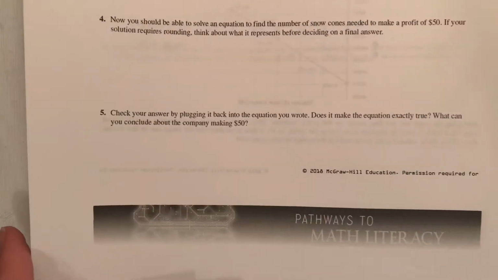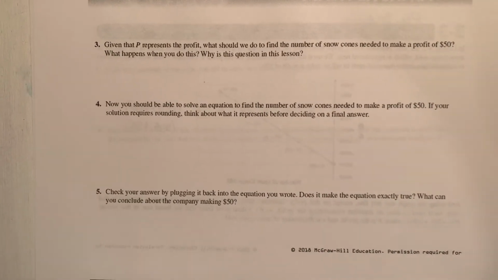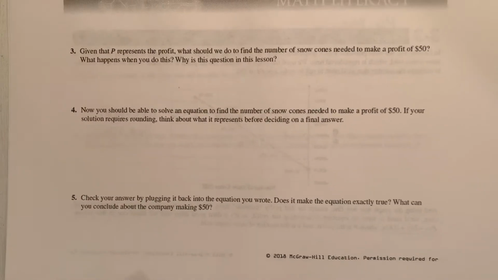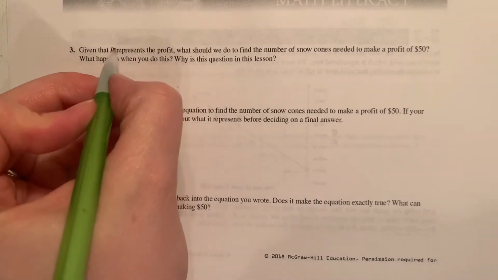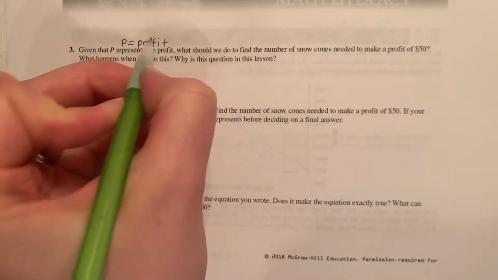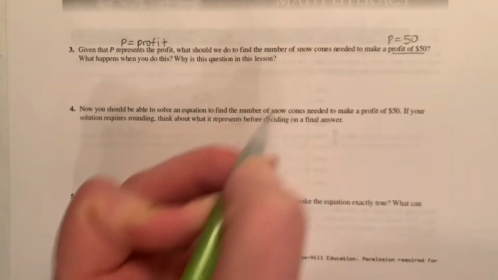Now we're going to do something similar in number 3. It says, given that P represents the profit, what should we do to find the number of snow cones needed to make a profit of $50? So here they're saying P represents profit. So then they're telling us, well, what if the profit is $50?